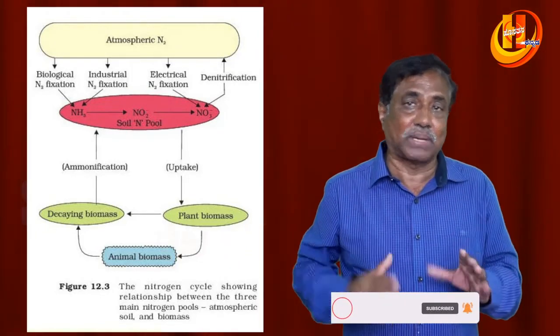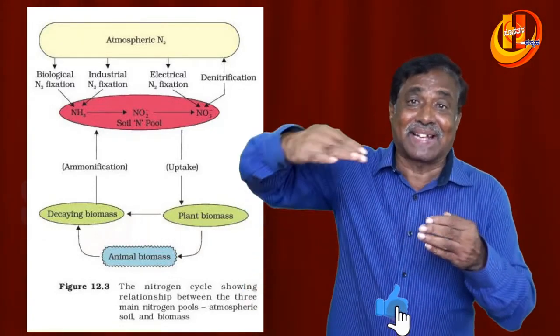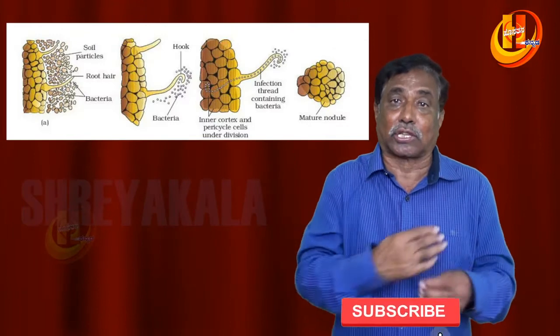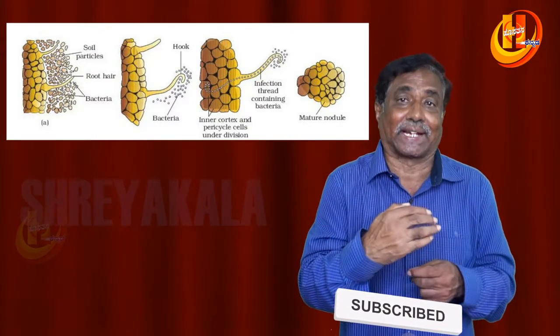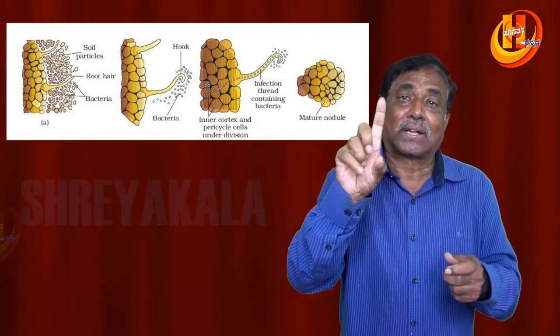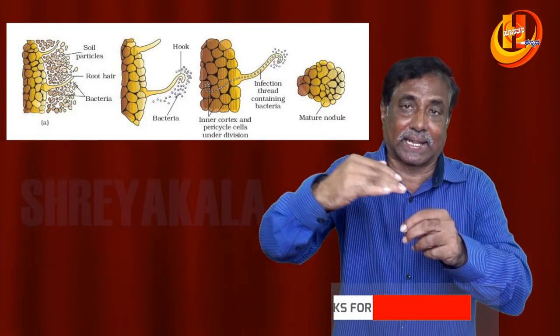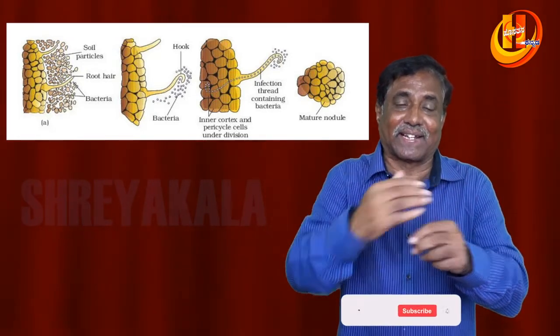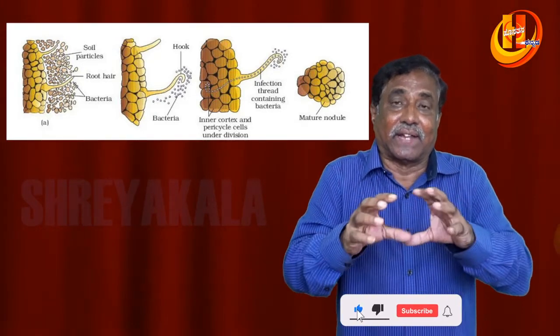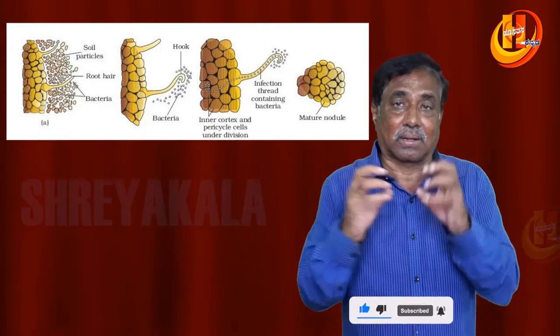At first, the rhizobium or Frankia is present in the soil. They make their way into the plant through the root hair, and the rhizobium makes the curling of the root hair. With the curling of the root hair, they enter into the cortex region where they divide more, and the cortical cells.